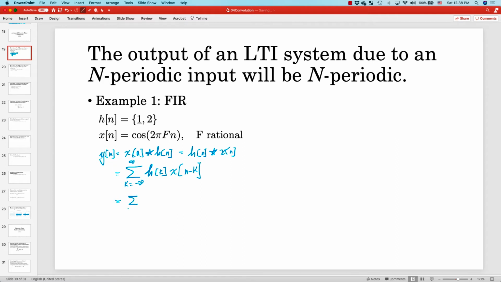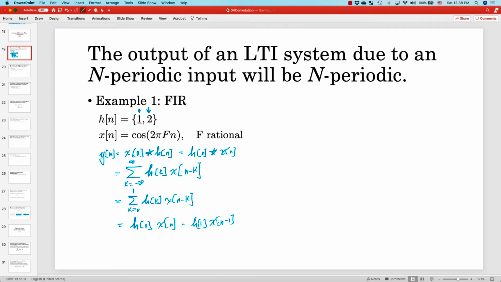This is the same as k running from 0 to 1, because there's only 0 and 1 time instances in h of k times x of n minus k. And so now the utility of using the sigma notation is kind of used up, so we can just write this as h of 0 times x of n plus h of 1 times x of n minus 1.